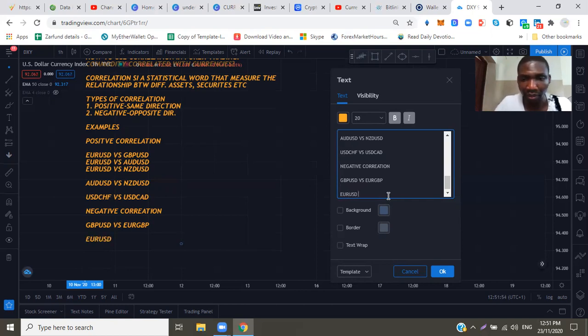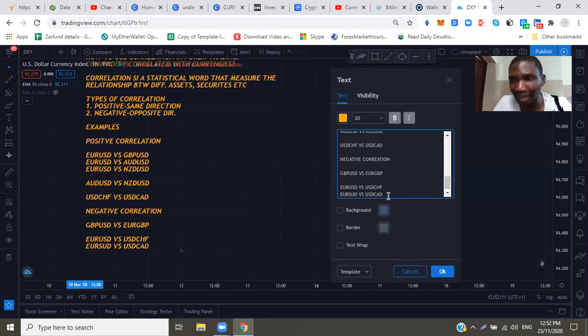Then Euro USD versus USD CHF. That's a very important one. Euro USD versus USD CAD. These are negatively correlated pairs, which means that every time you see a sell on Euro USD, most likely you will see a buy on USD CHF most of the time.